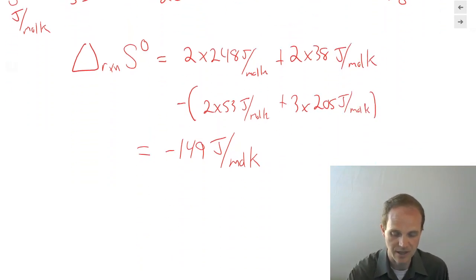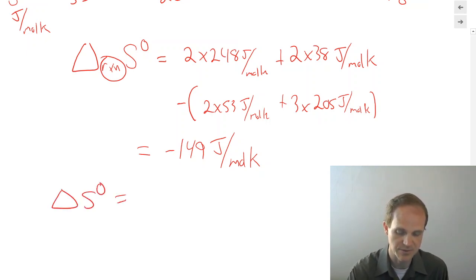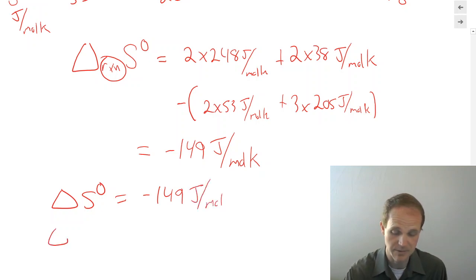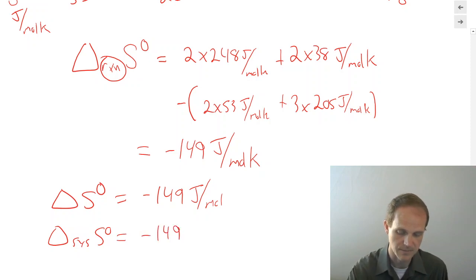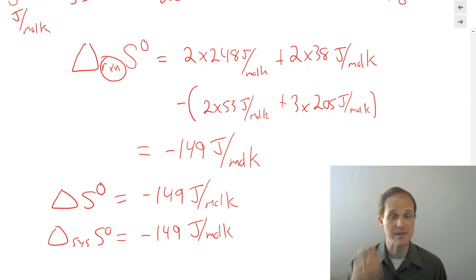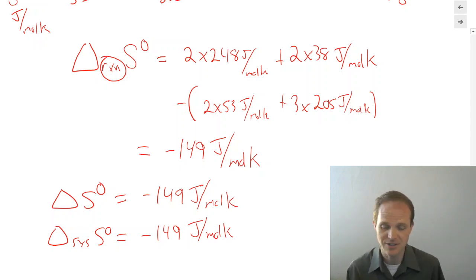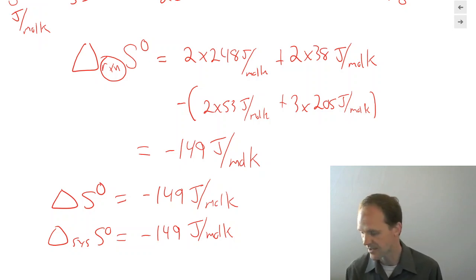Now remember, when we're talking about reactions, that's usually the system, and so you'll also see people write it in different ways, and all 3 of those mean the same thing. The delta S of the reaction is usually my system, so I can write it as delta S naught, and I can write it as delta system S naught. All 3 of those are equivalent ways of writing it when we're talking about a reaction as our system.